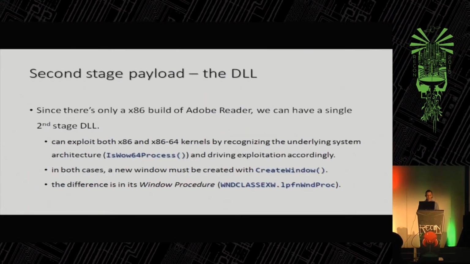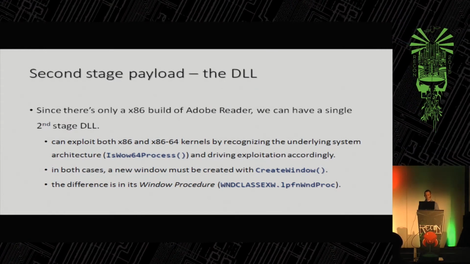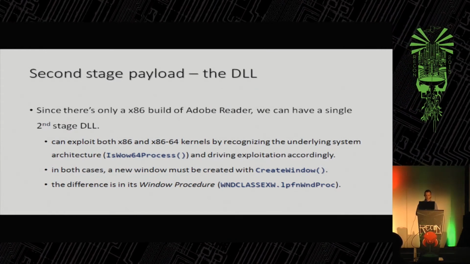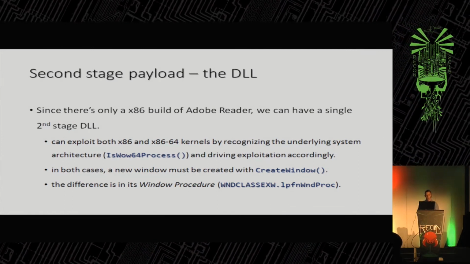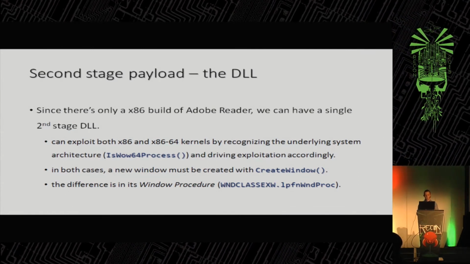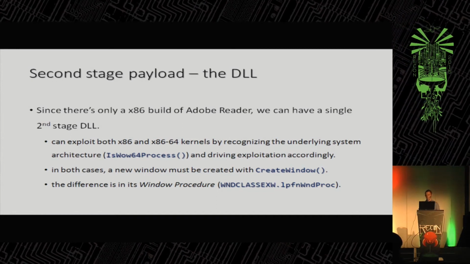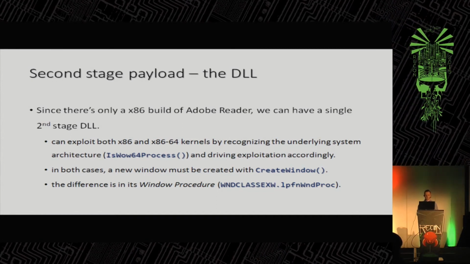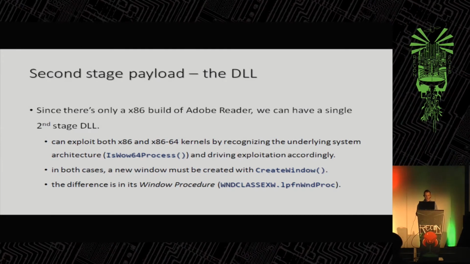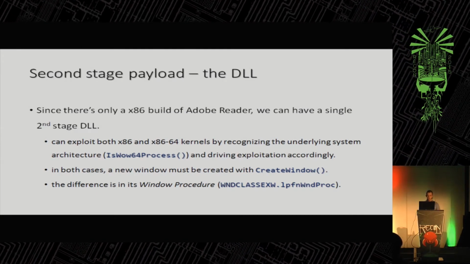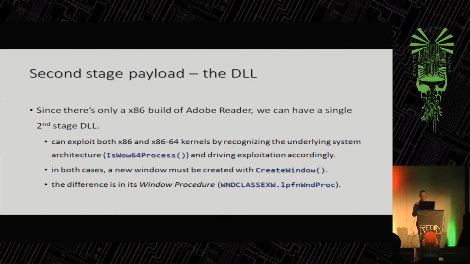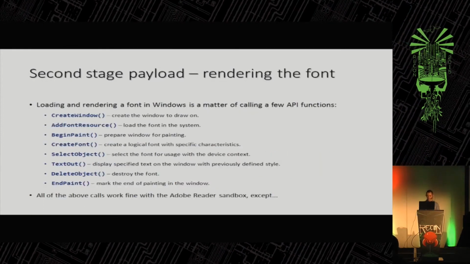So as I said before, we can have a single second stage DLL because there is only one bitness of Adobe Reader, and it can basically exploit both 32 and 64-bit kernels. We must only recognize the underlying system using a single API function, and then we can drive exploitation accordingly. In both cases, we have to create a window, and the only difference is in the window procedure.